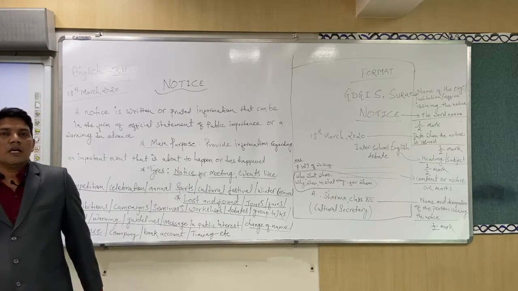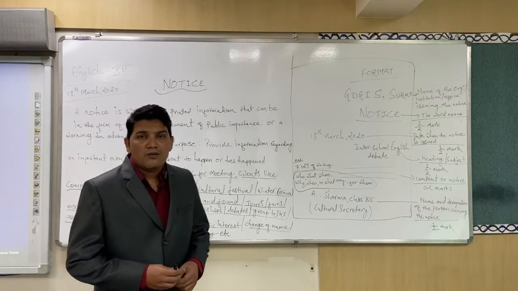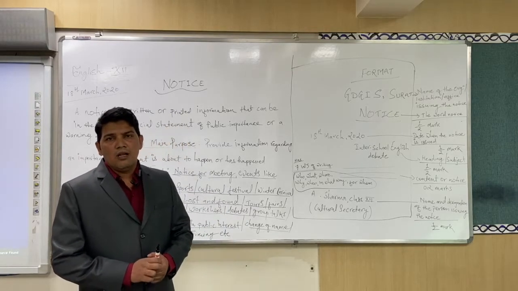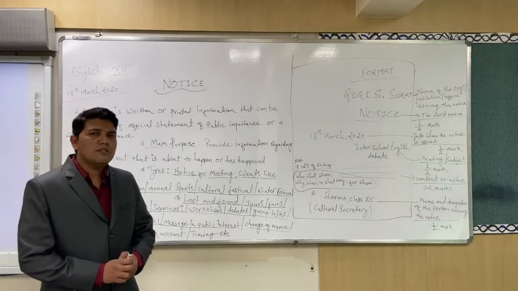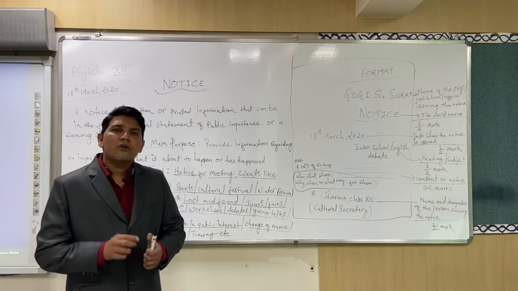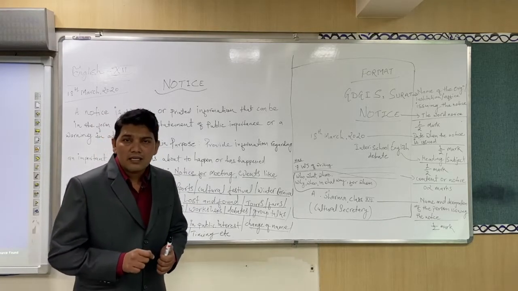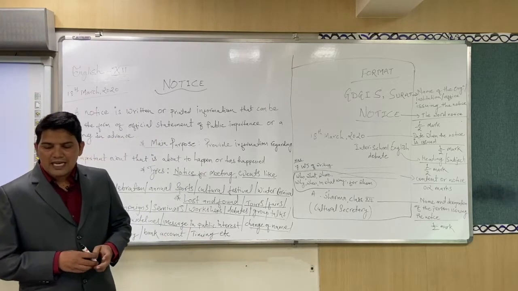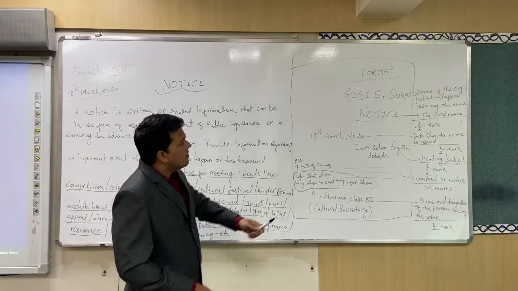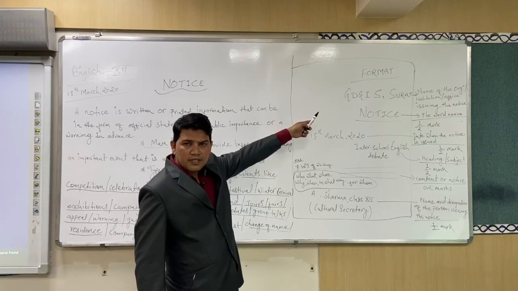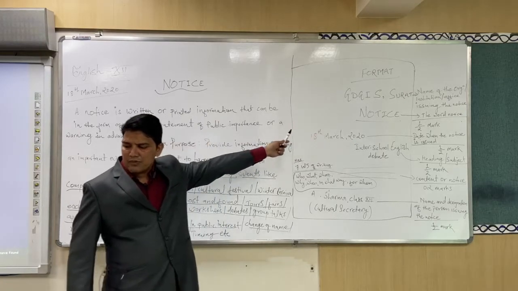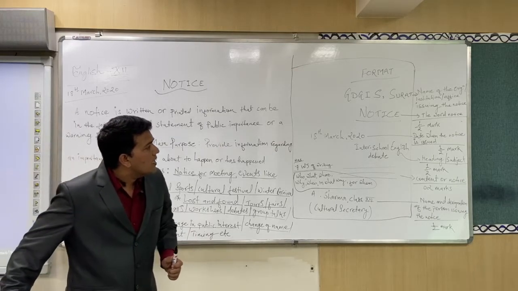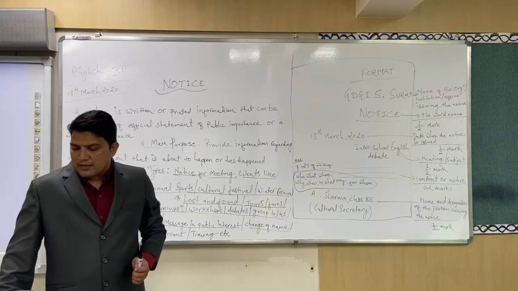Now students, as you will be writing this formal communication, you need to be very careful and keep certain points in mind before writing and while writing the notice. Write the name of the organization as I have given here. On the top in the center you have to write the name of the organization, institution, or office who is issuing the notice.